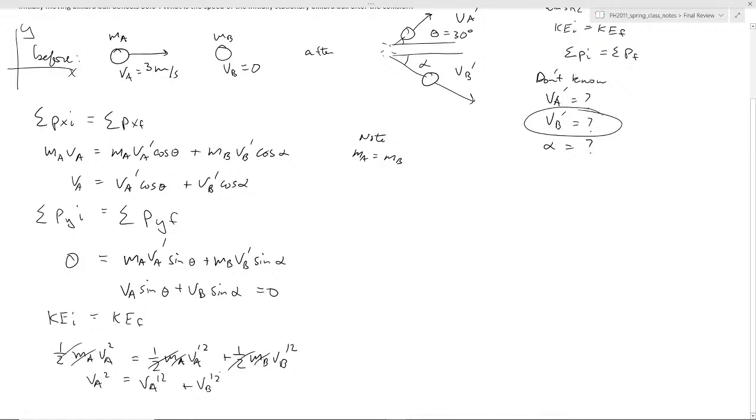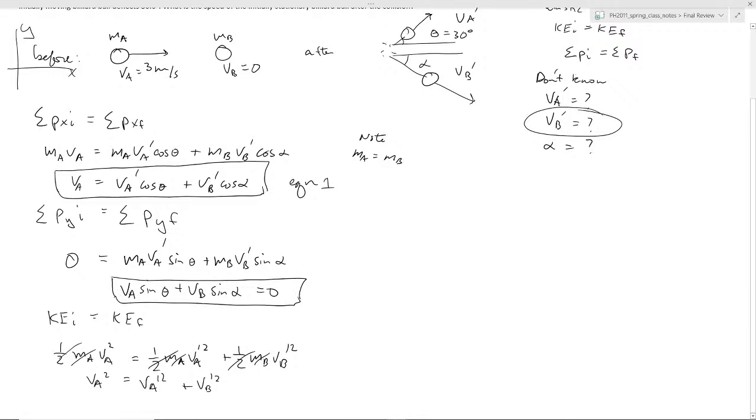So we have 3 equations and 3 unknowns. Let's label these equations. We're going to try and figure out how we can put these together to solve for VB prime. So let's call this equation 1. Equation 2.